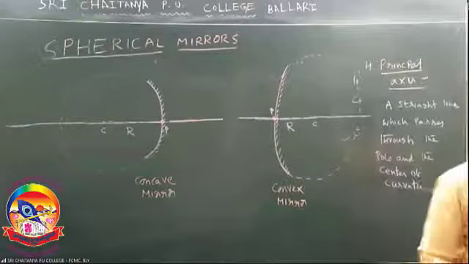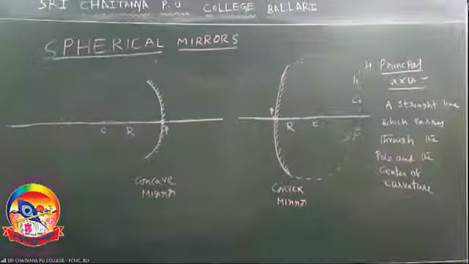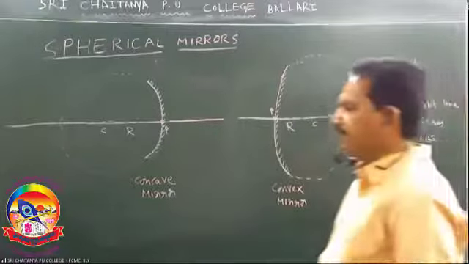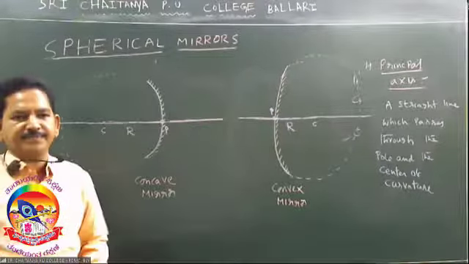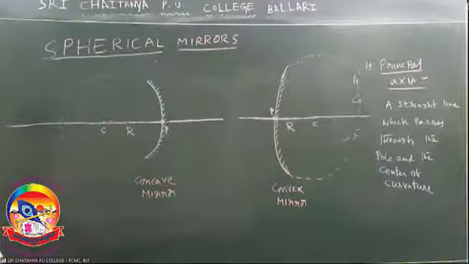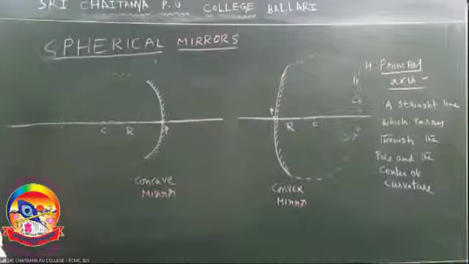The fourth one, principal axis. It can be taken from minus infinity to plus infinity.